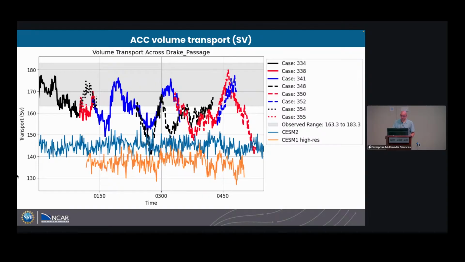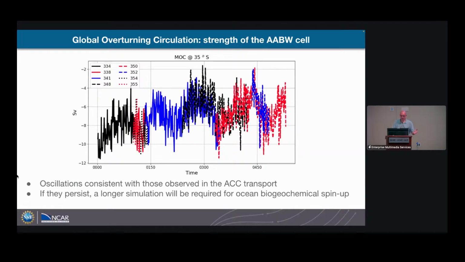That oscillation propagates in many other metrics. So for example, here is the global overturning circulation strength of the ABW cell. I'm doing a time series, I get the global MOC and compute the maximum below 3,000 meters to get a sense of the ABW cell. And you see a similar type of oscillation in this metric.